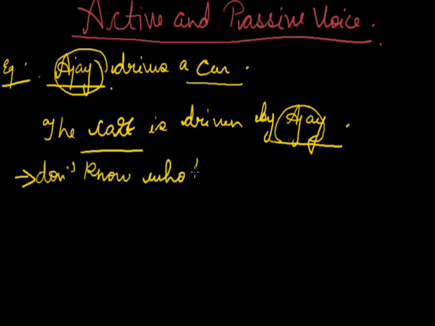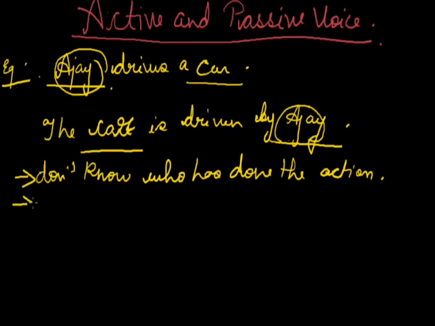For example, these goods were damaged in transit. Second, the latecomers were sent to the principal. Who were the latecomers? We don't know who has done the action. So in these cases, we use the passive voice.